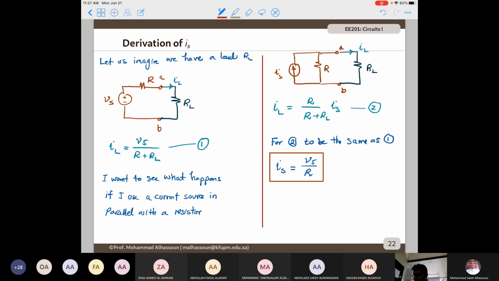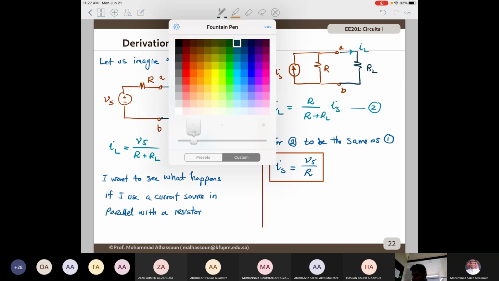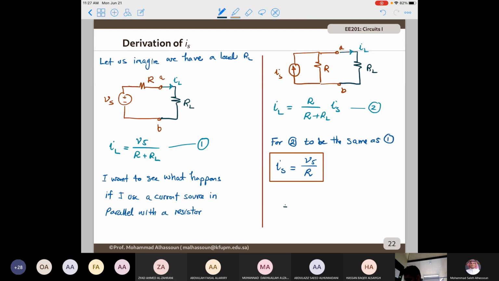What it tells you is that Vs between A and B is equivalent to Vs divided by R. This one is A, this one is B.